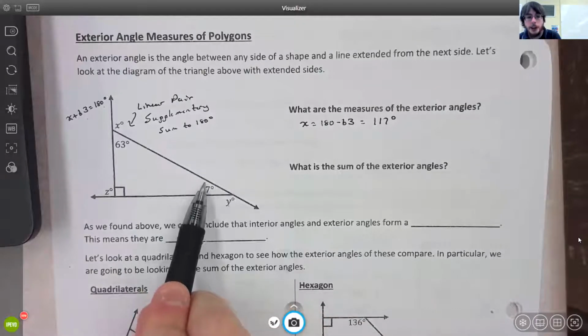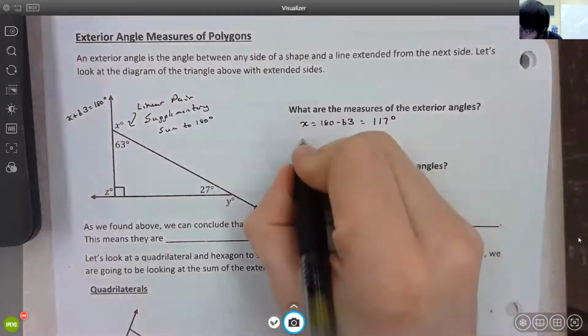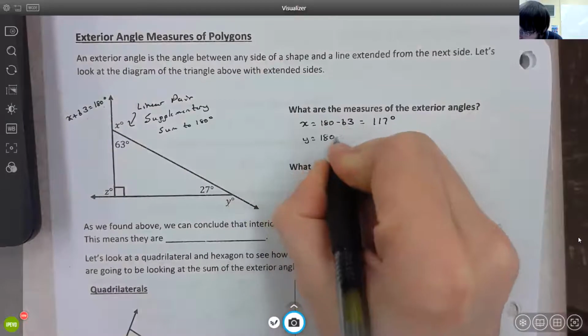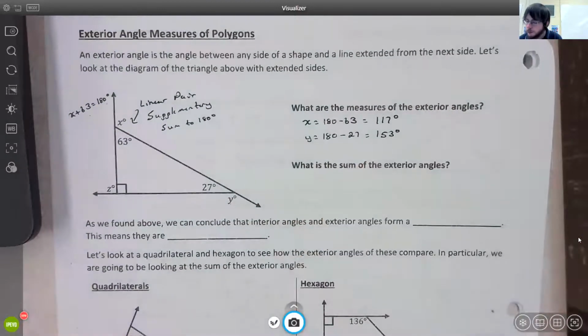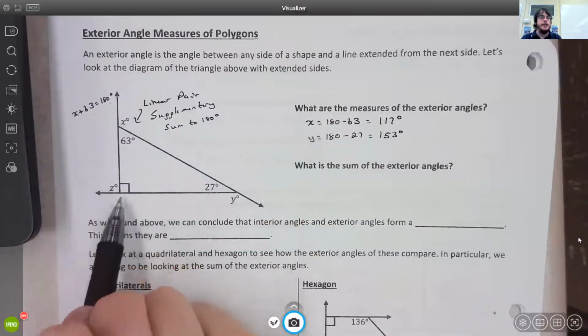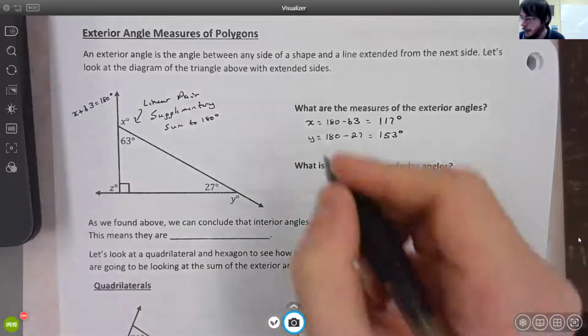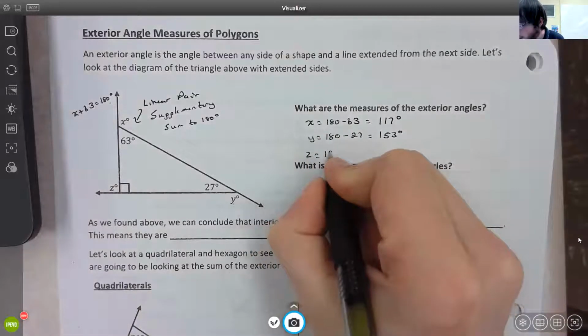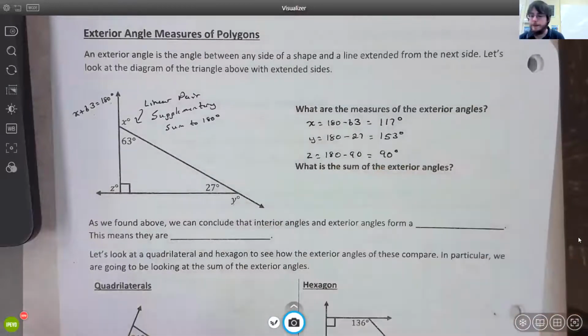If you look at y and 27, they lie on the same line. So to find y, you take 180 minus 27, which is 153. And then finally, z and the 90-degree angle are lying on the same line. So z has to equal 180 minus 90, which is 90.